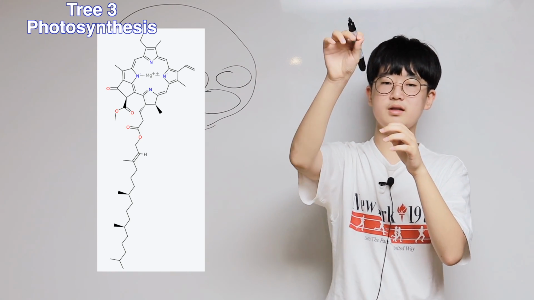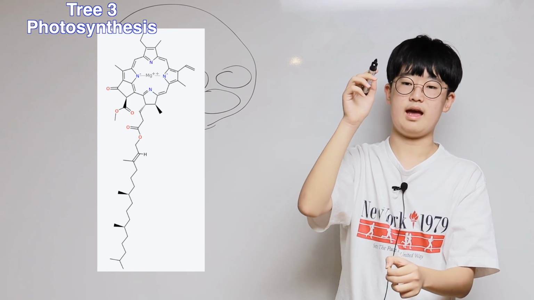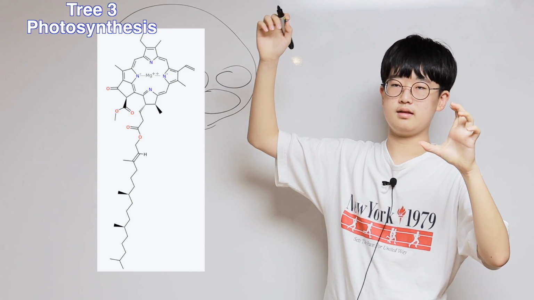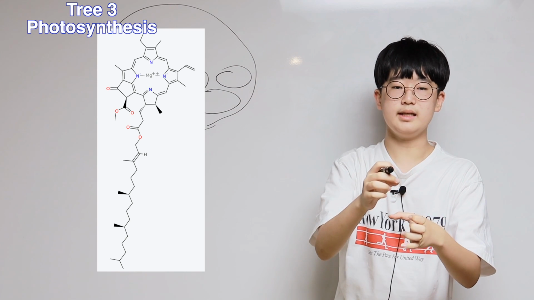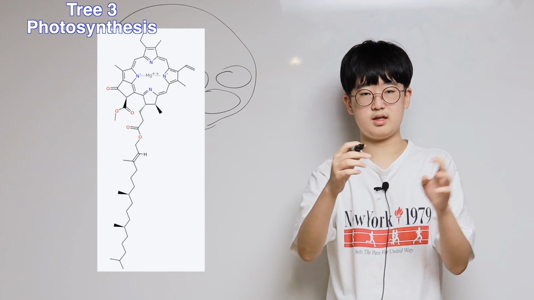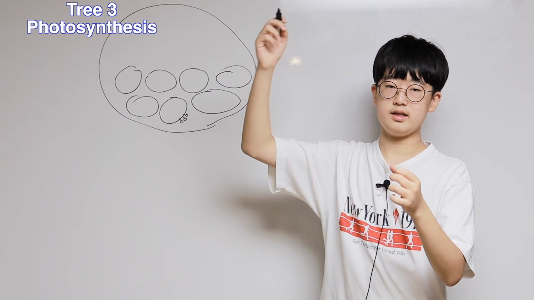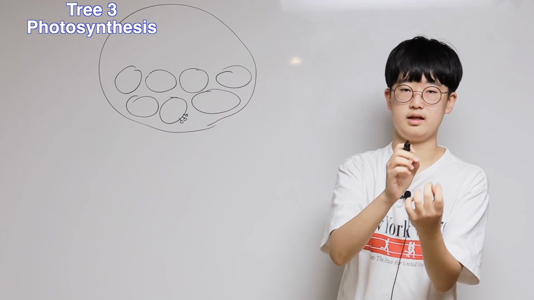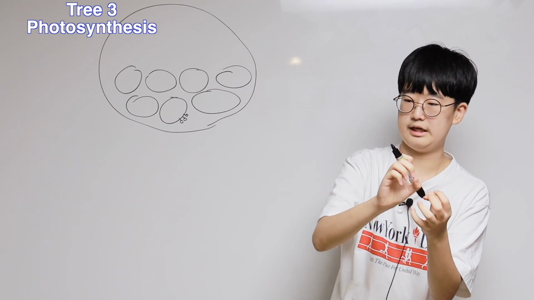That part in the middle has a magnesium atom, and when the sunlight hits that magnesium atom, the magnesium's electron gets hit and has more energy, so it jumps up.